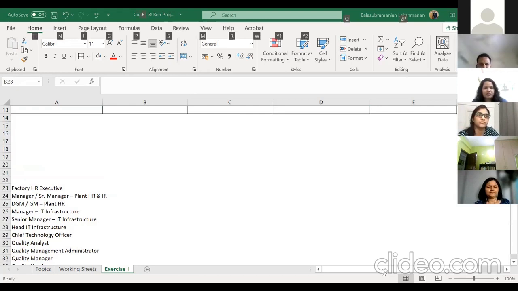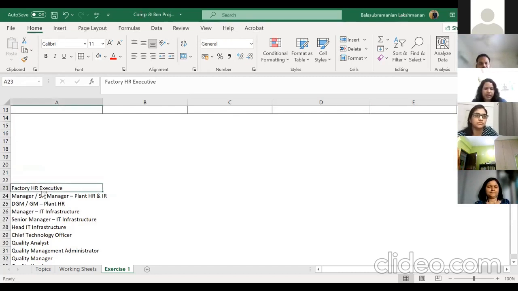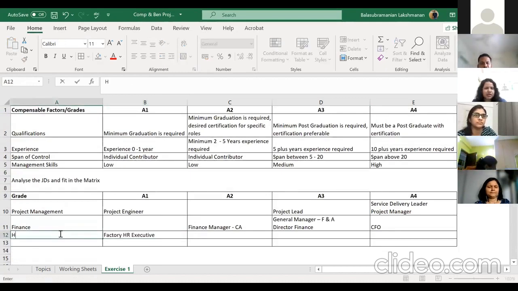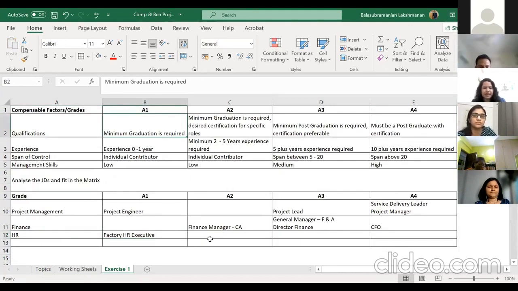So the GM HR or plant HR can go to A3 based on the scope, and the senior manager can go to A3 again, and factory HR would come under A1 because it's very basic. So that is my understanding. If anyone has anything to add, please feel free. Yeah, please shoot if you have anything.